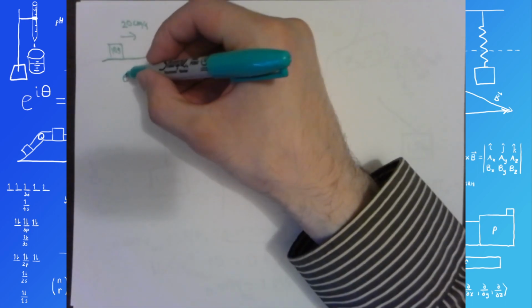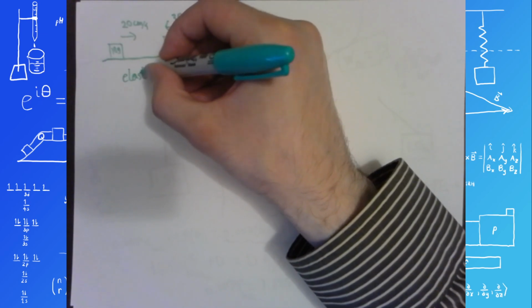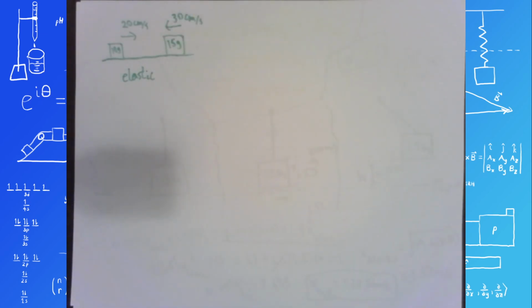We are told this collision is elastic. What does that mean? It does not mean that the objects bounce off of each other. I mean, they will, but that's not what defines elasticity. Elastic versus inelastic is defined by whether or not energy is conserved in the collision. Elastic collisions are the collisions where energy is conserved.